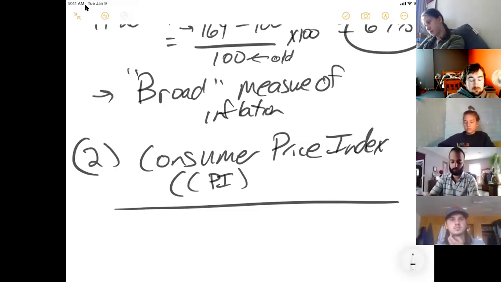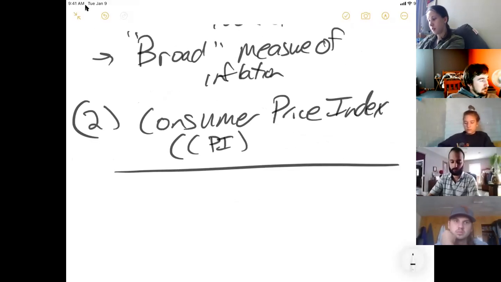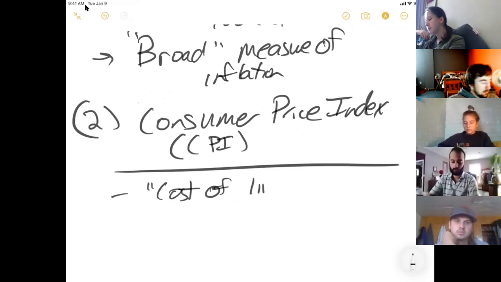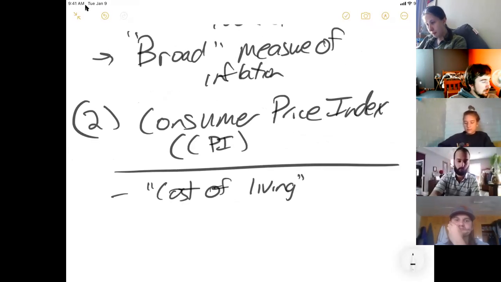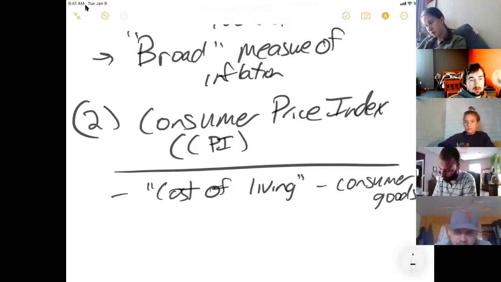When you see people refer to inflation, they more commonly use the consumer price index. Why? Because the focus of the consumer price index is more on what we could think of as the cost of living, consumer goods. Its focus is on consumer goods.